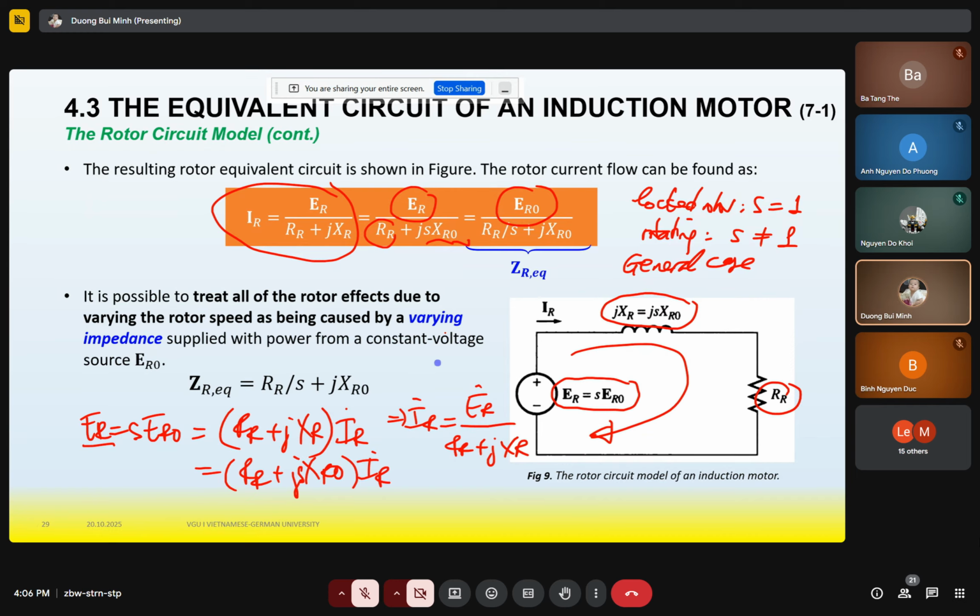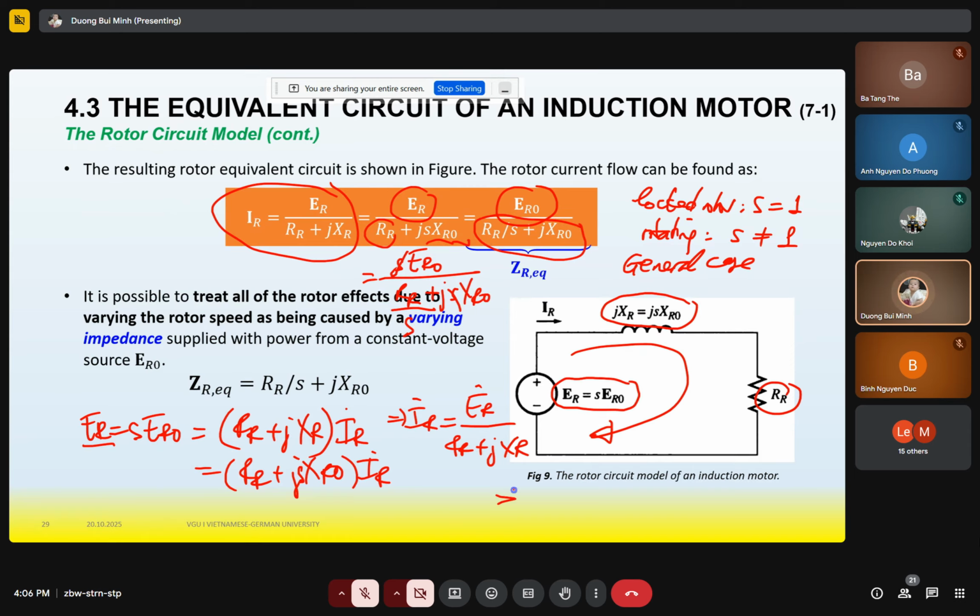Okay, continue here, we just modify a little bit. So ER means S times EI0, and here RR plus jS times XI0. If we divide the numerator by S and the denominator by S, now you get RR over S.